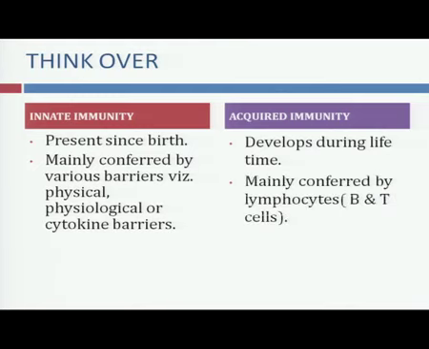On the other hand, acquired immunity is given mainly by lymphocytes like B and T cells. Another important point of difference is that innate immunity is a non-specific kind of defense system, that is, it is not specific towards any pathogen.